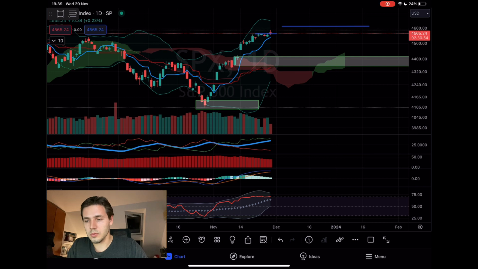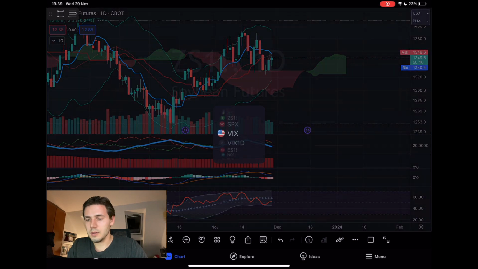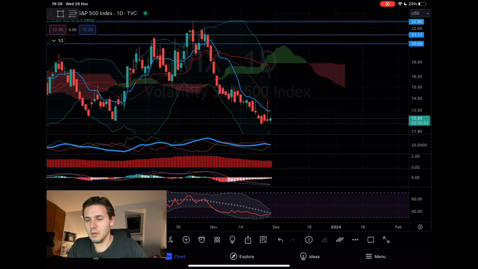So what do we have today? SPX, literally the same place that we had last week. VIX, same thing, 5 days, same place, nothing changes, nothing interesting.